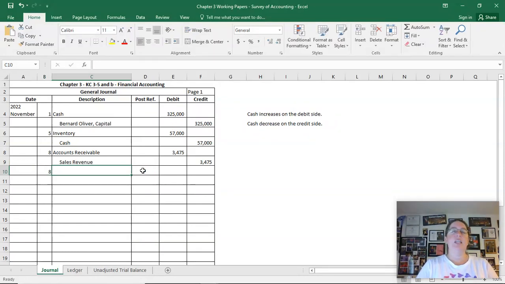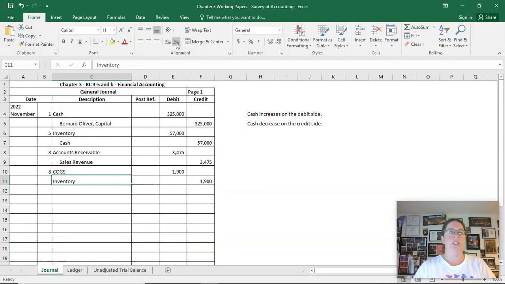Now, the second entry to go along with that, we said, was cost of goods sold. Oh, that one should not be indented. So I'm going to come up here and just unindent that one. Cost of goods sold for $1,900. And we need to remove that $1,900 from our inventory. If we look at the 5th, we had purchased $57,000 in inventory. So we debited it. Now we're going to credit it to remove that amount from our inventory.